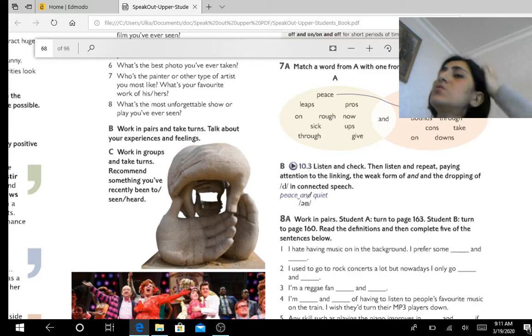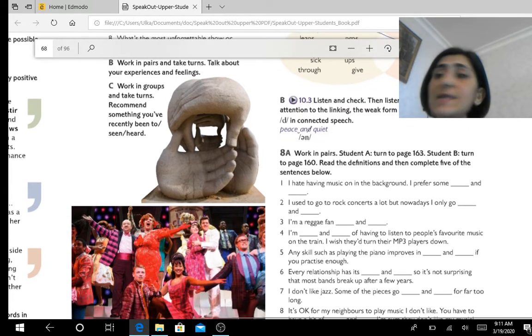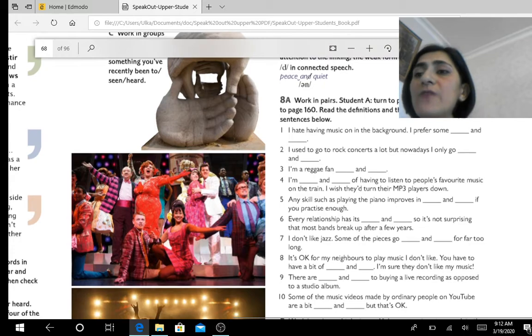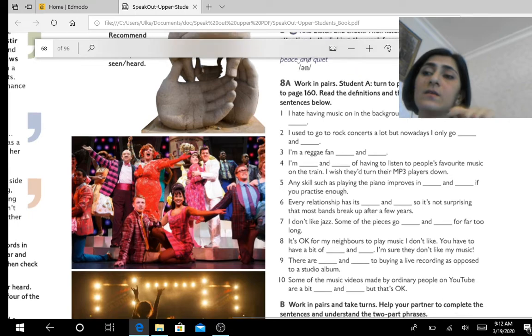After that, you will easily match these two-part phrases. And finishing that, you will switch to exercise 8a. Here you have sentences that you have to complete. You will use these two-part phrases in the gaps.